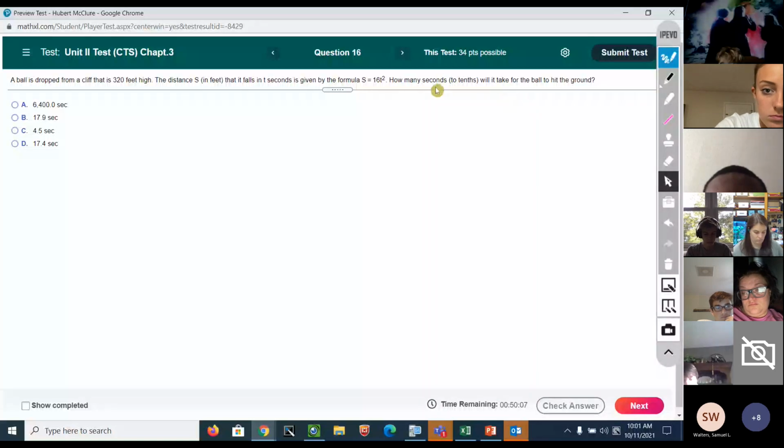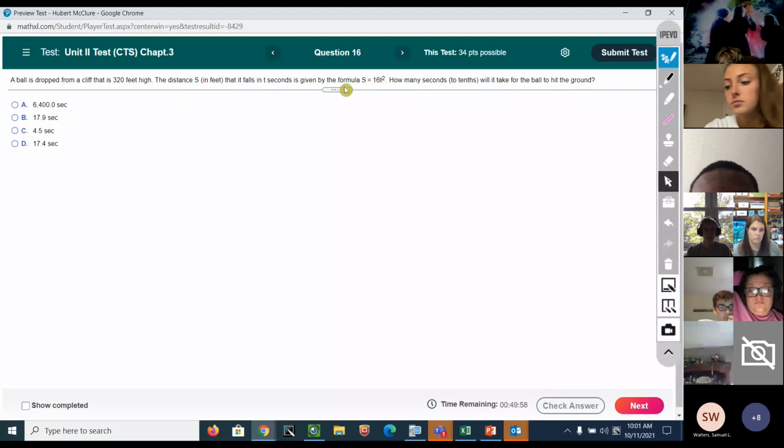Well, that means that, okay, 320 feet. Okay, that's it. So 320 feet, because it has to go 320 feet down for it to hit the ground.